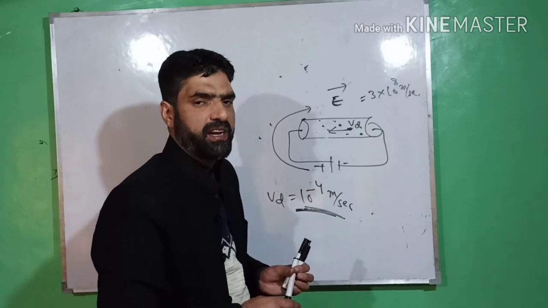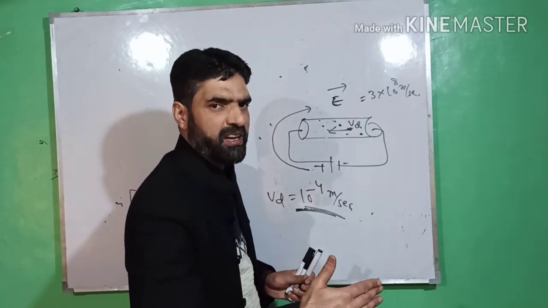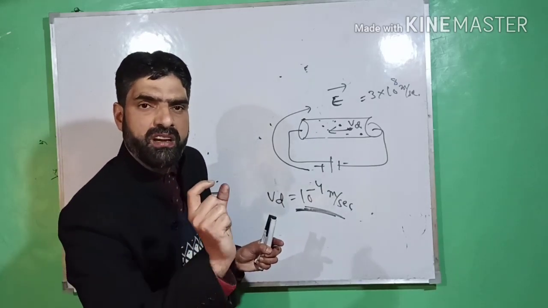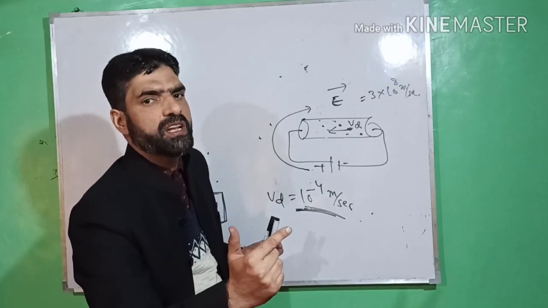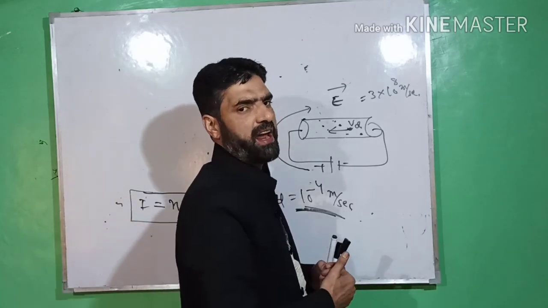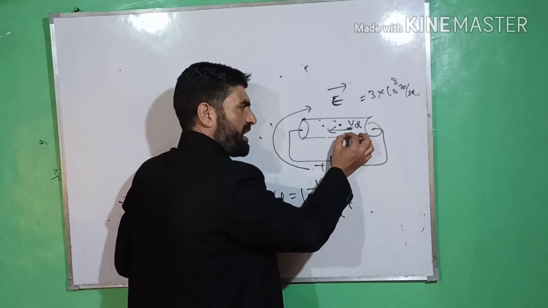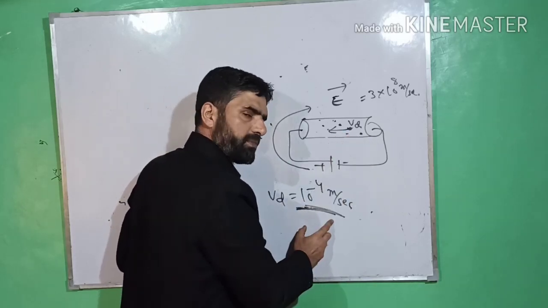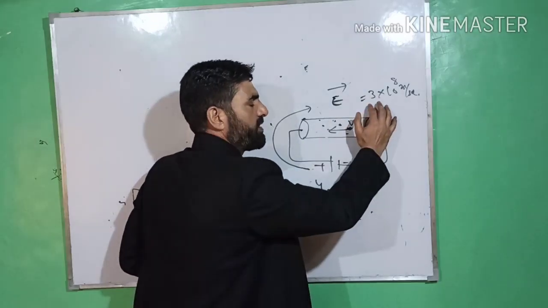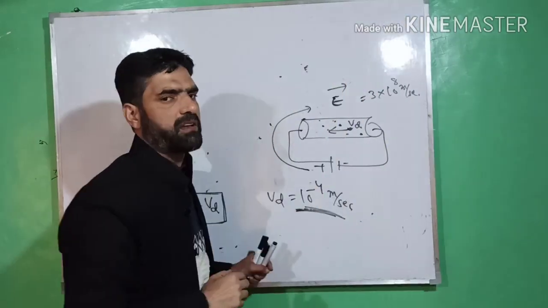It is just like a mechanical wave propagating from one end to the other end, while the particles are vibrating about their mean positions. Here it is not exactly like this, but I am explaining it like this: the electrons move with this small speed, but the electric field, that is electric current, is established within no time, and that is why this bulb glows.